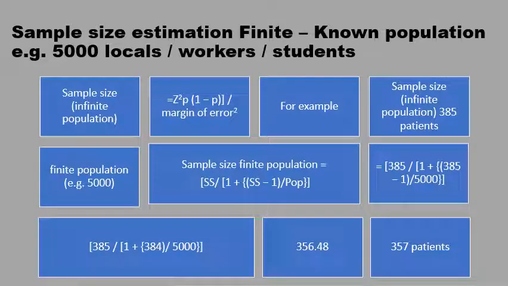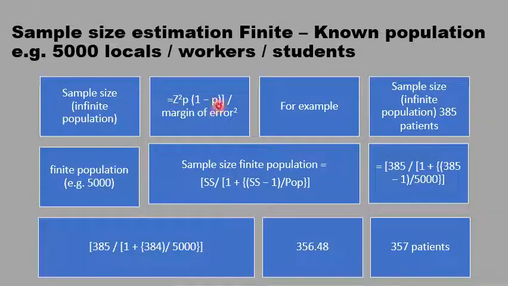So in this example, we are starting to study the percentage in a finite population, like workers in a factory or students in a college. We start by estimating the sample size required in this situation, just assuming that the population is infinite, like the original equation, with the margin of error, with the level of significance, and the proportions.